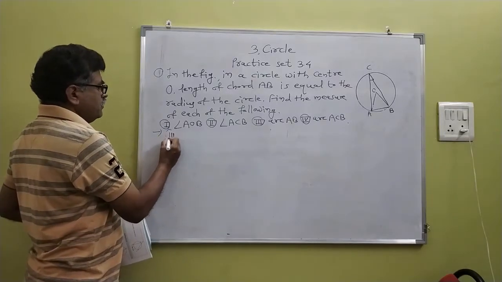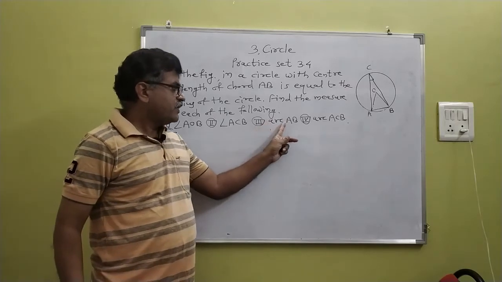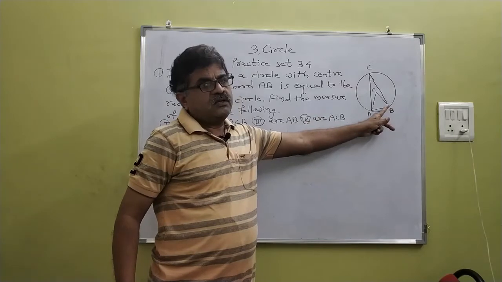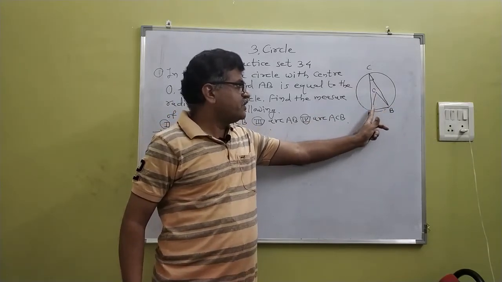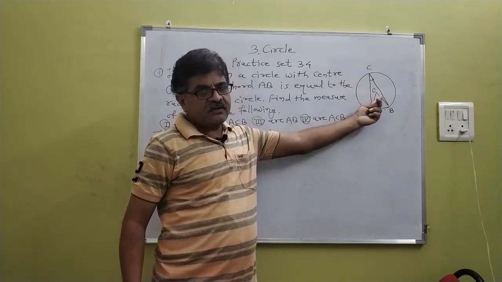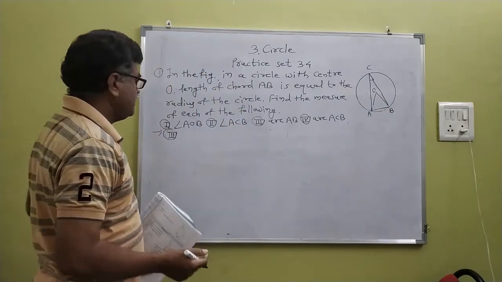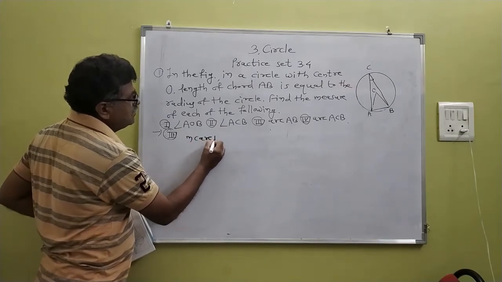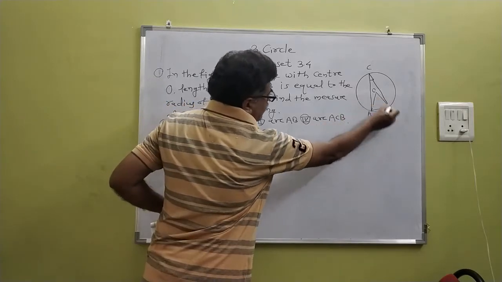Now, number 3. Here, third, we have to find the value of arc AB. Now by definition of minor arc, the measure of arc AB is equal to angle AOB. We know the value of this angle, therefore we can find the value of arc AB.